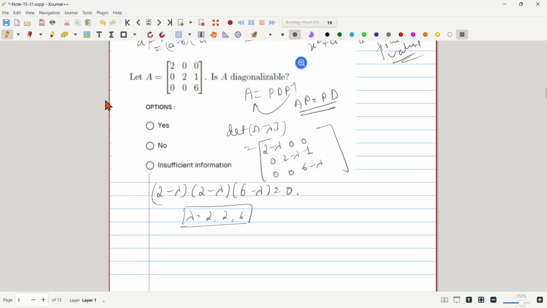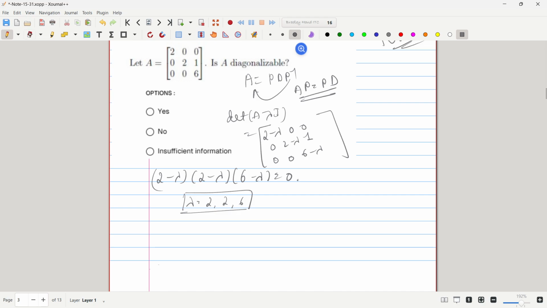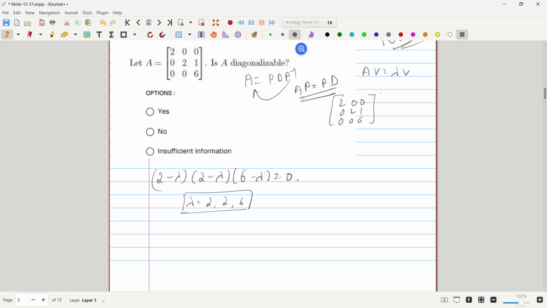Now, we need to find the eigenvectors. So what is the formula for finding the eigenvectors? The formula is Av is equal to lambda v. So what is A? A is 2, 0, 0, 0, 2, 1 and 0, 0, 6 into v. What is v? x1, x2, x3. Lambda value is 2 and x1, x2, x3.